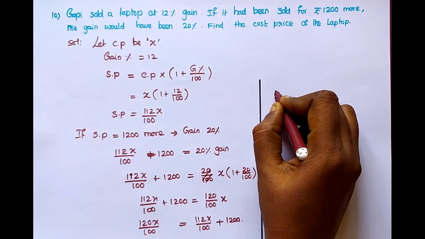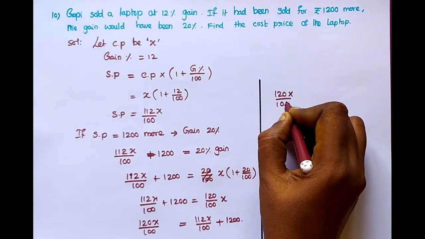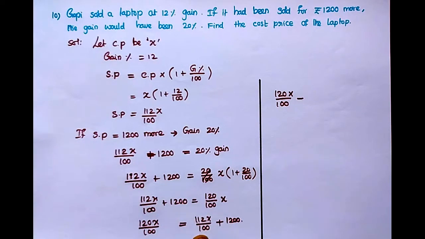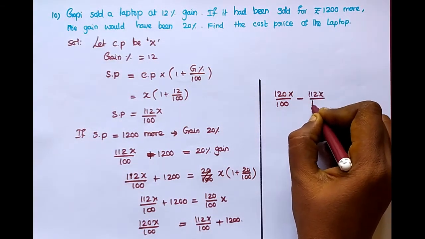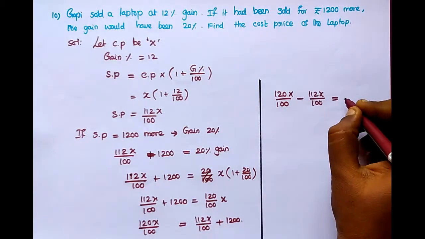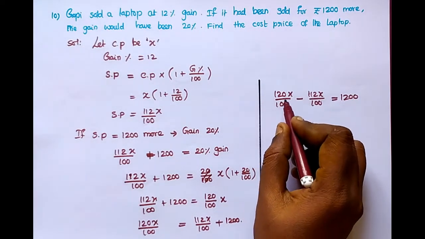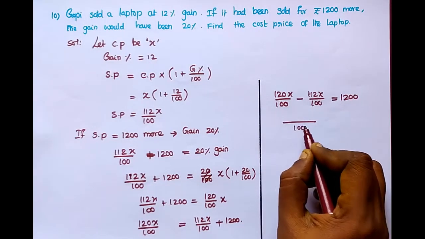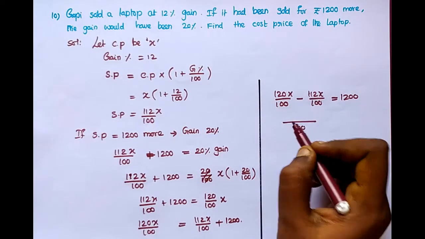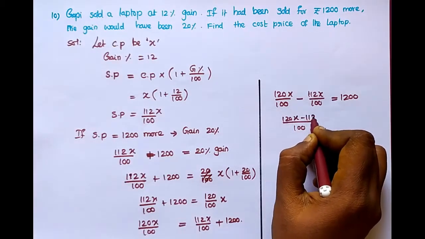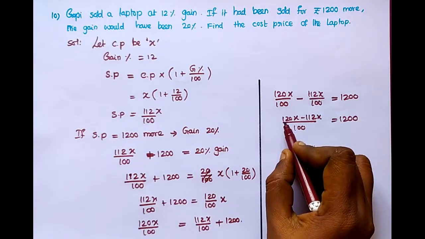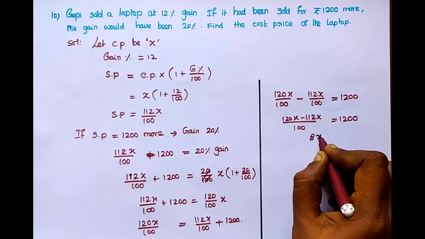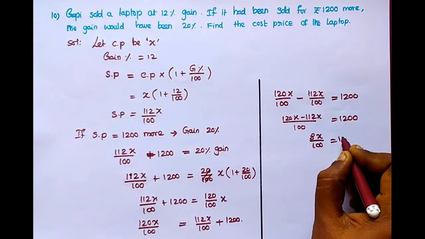Now 120x by 100 minus 112x by 100, bring this side, means minus 112x by 100, equals 1200. Now 100 is in common. 120x minus 112x equals 1200. Now 120 minus 112, 8x divided by 100 equals 1200.